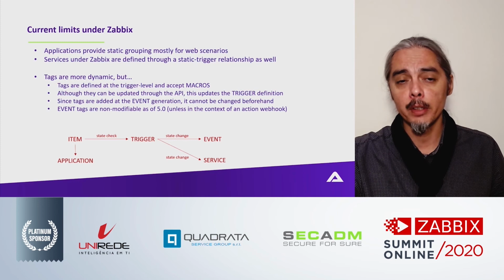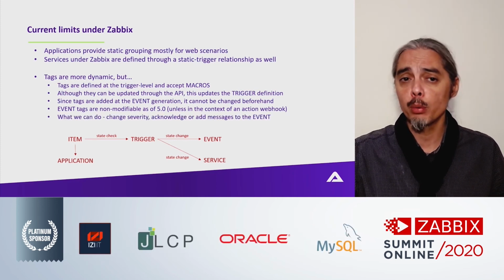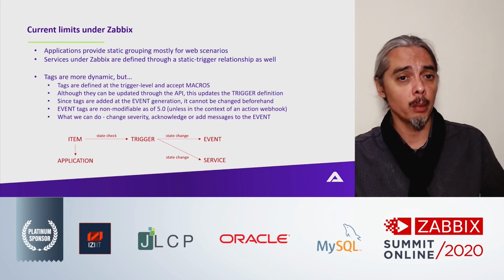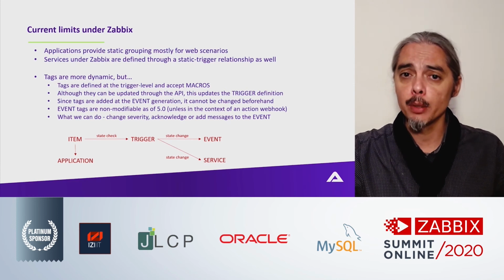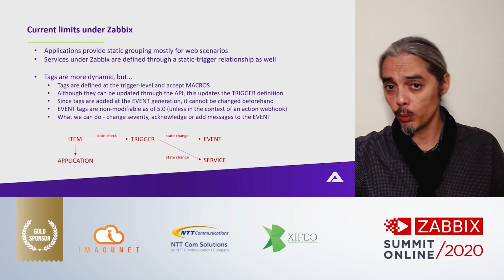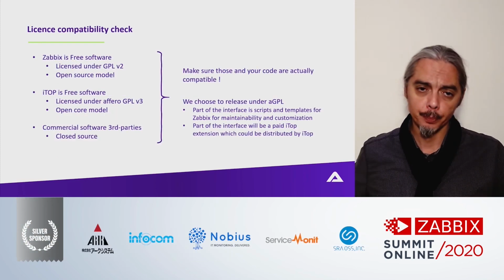It's currently the only way to do that. What we can do through the API today is to change the severity, to acknowledge, or to add comments, but we do not have the possibility to manipulate tags and to associate an event with a service or anything at runtime.